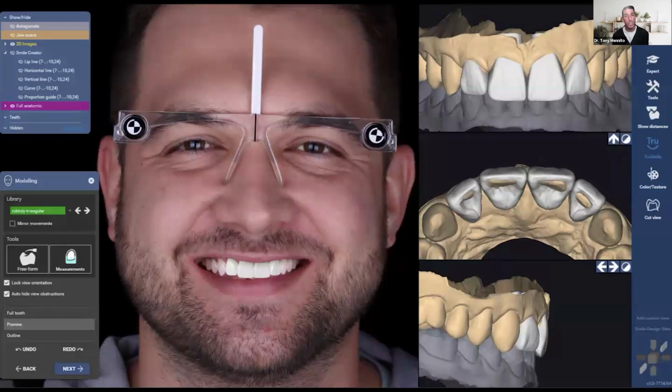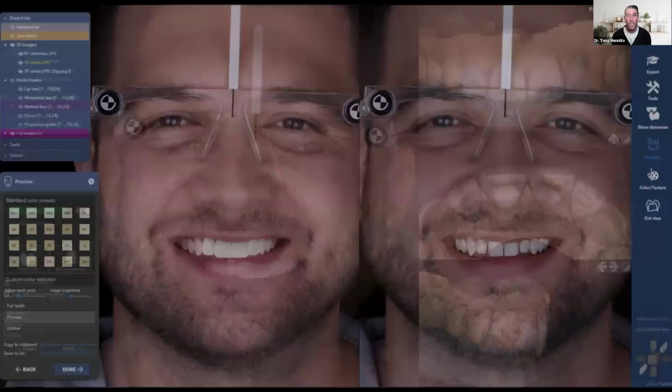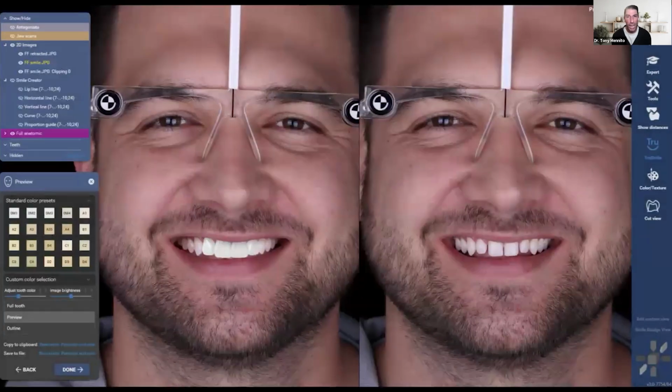my intraoral scan. Once again, that intraoral scan is a vital piece of data. And in a design software, I can essentially create a wax up for Dom. We can show him what his prototypes will look like once we implement this case. And you can see a before and after.